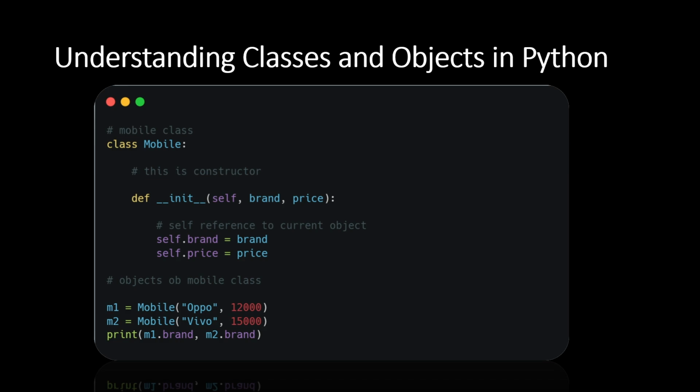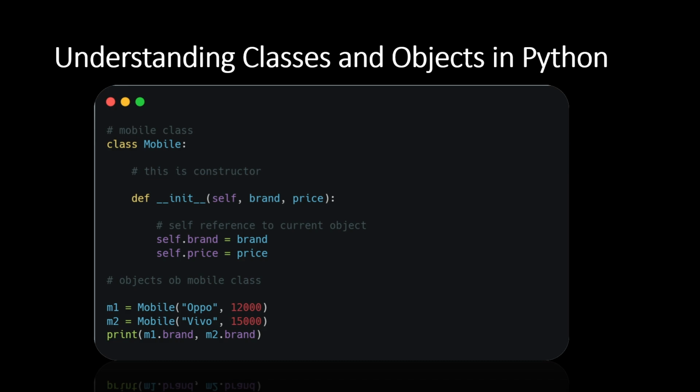This def init method is basically a constructor, which we will learn about later in this video. And self is used to refer to the particular object from that class, right? So I have defined a class mobile, and here I create a constructor. In this I have created two attributes, or two data, brand and price, right?